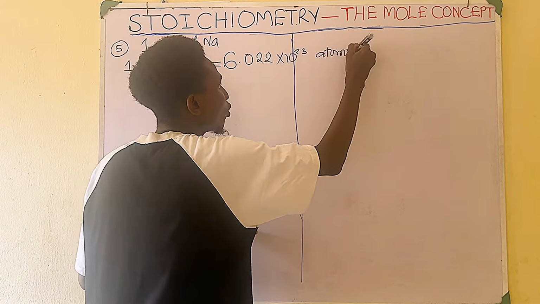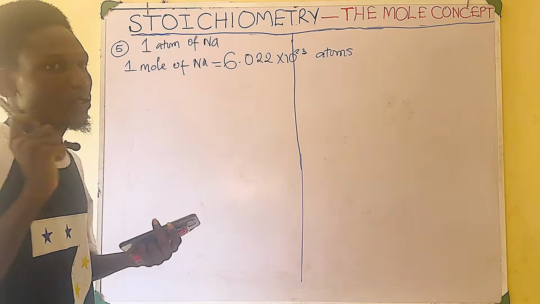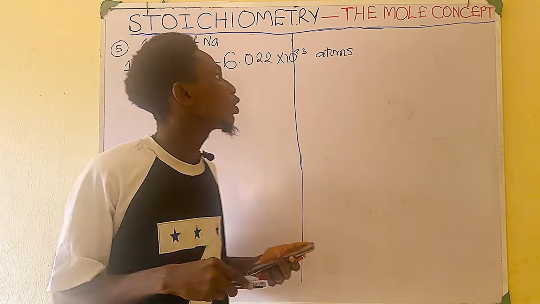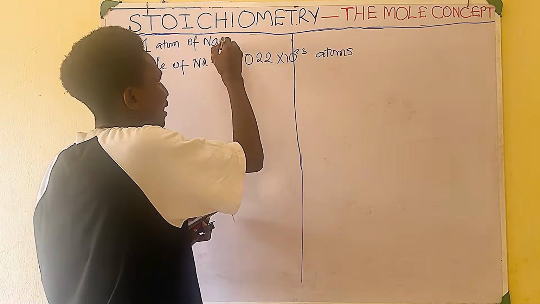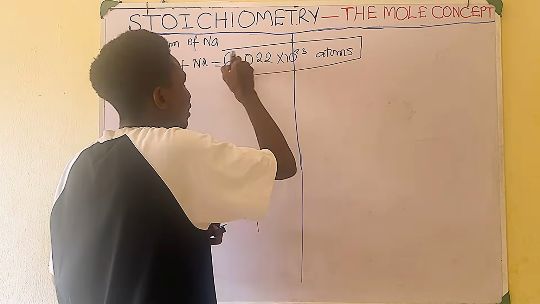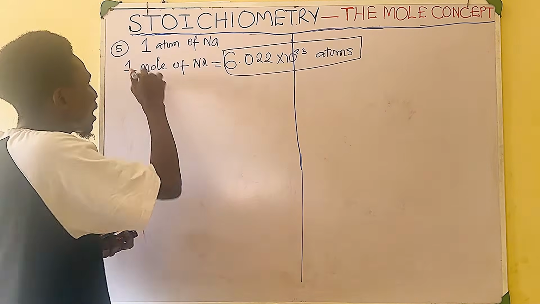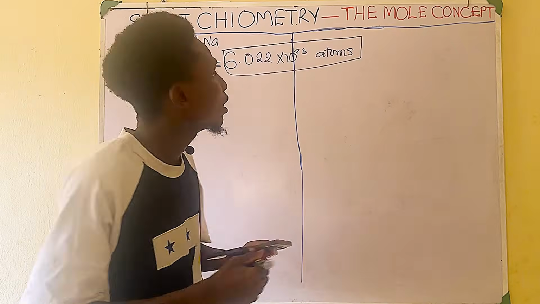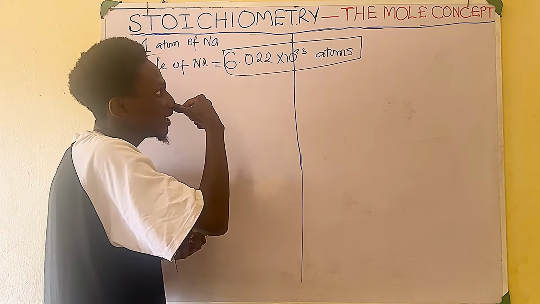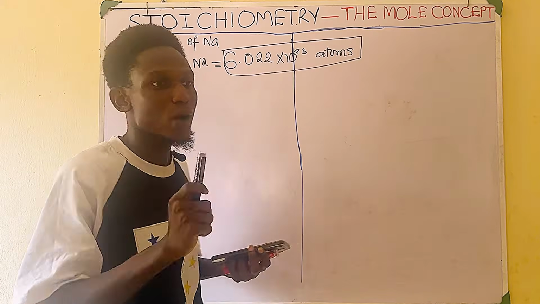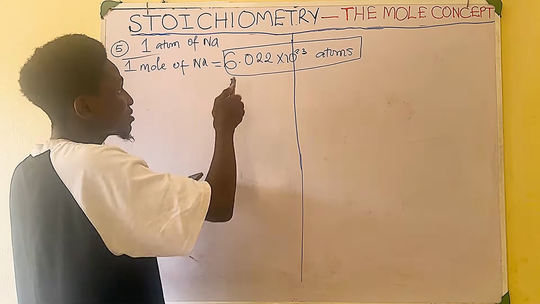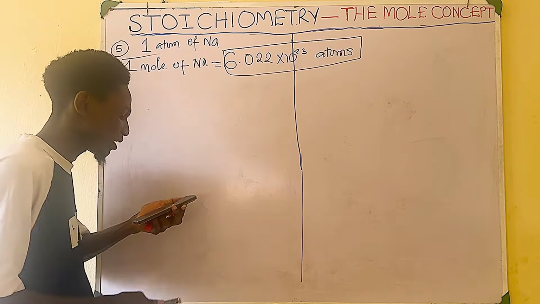So it means that 1 mole of any atom contains this number of atoms. That's why we say that mole and number of atoms are related, because 1 mole of any element or any atom contains 6.02 times 10 raised to power 23 atoms. 1 mole of sodium contains 6.02 times 10 raised to power 23 atoms.